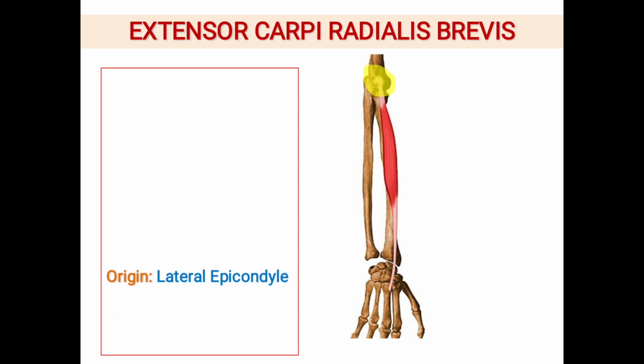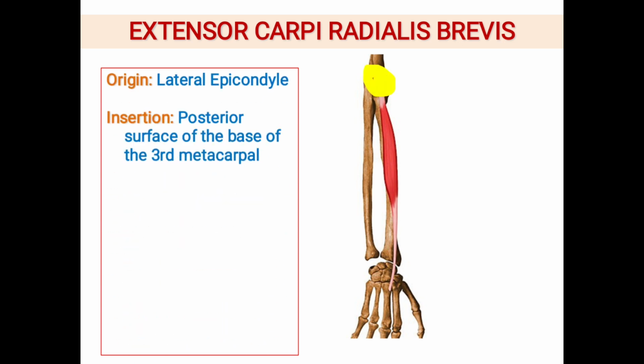The insertion, of course, is the base of the third. Remember, the longus is the base of the second, and the brevis is the base of the third. And if you recall, the flexor carpi radialis in your anterior compartment has two insertions, but only the second and third. If you review it.